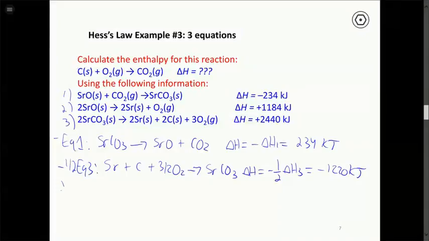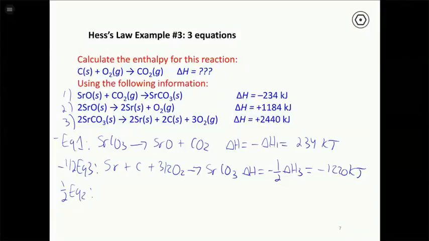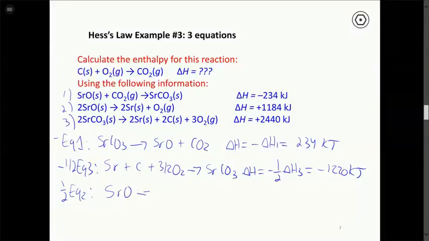So if we take 1/2 times equation 2, that's going to give us strontium oxide as a reactant, which will cancel out with this product in the first equation. It's going to give us strontium as a product, which will cancel out with the strontium as a reactant in this modified equation. So again, we can do this in sometimes different orders, but if we take 1/2 times equation 2, we get strontium oxide decomposing to strontium and 1/2 O2.